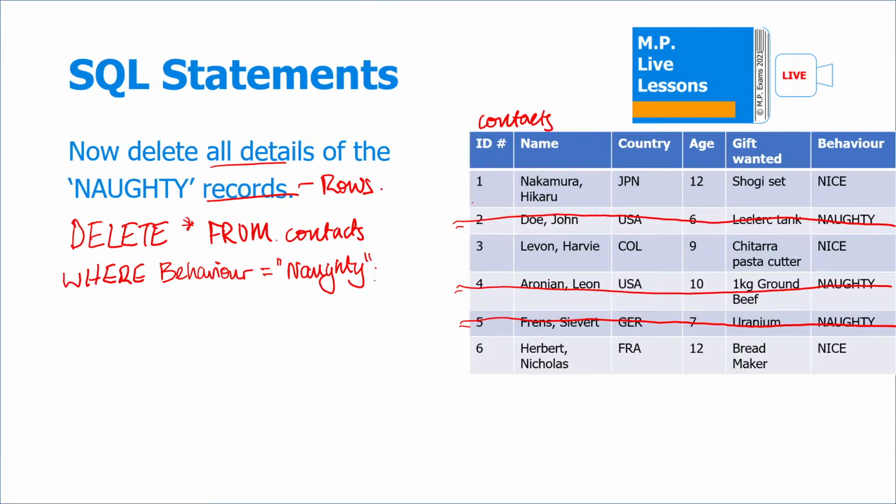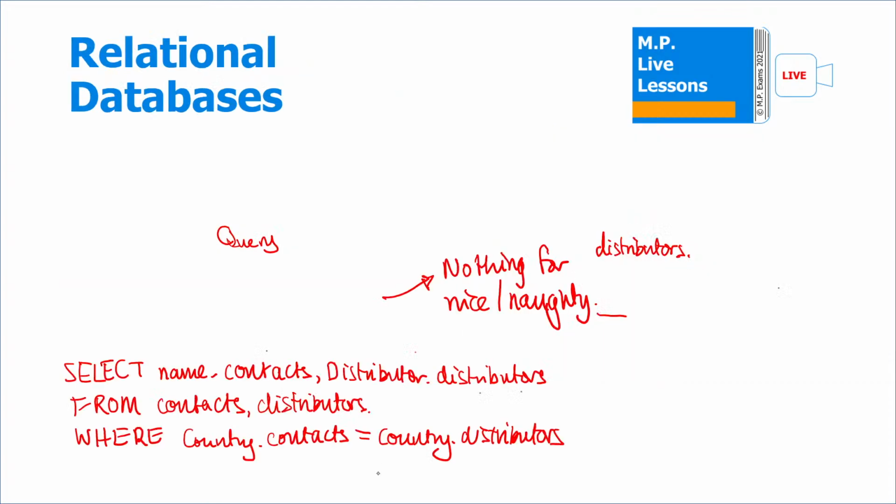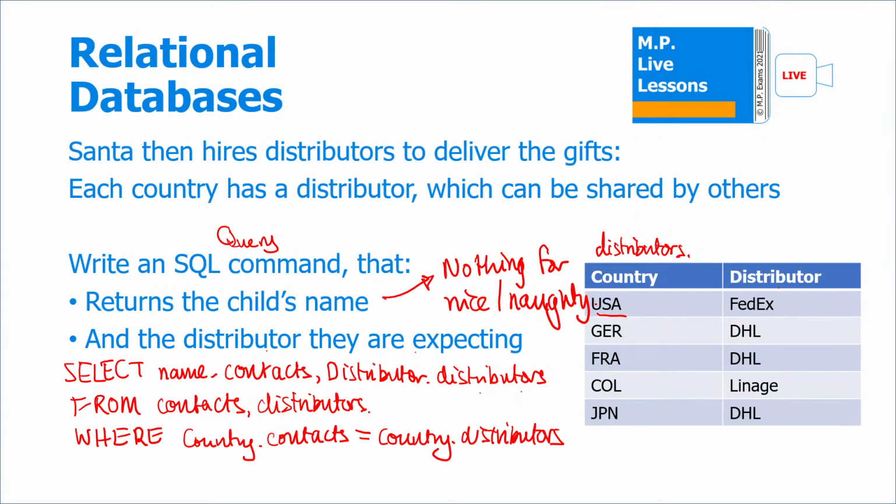And this would be, for example, let's say with this guy, Nakamura, he's from Japan. So he would actually expect DHL to deliver. So it would return his name and then the distributor he's expecting, DHL.